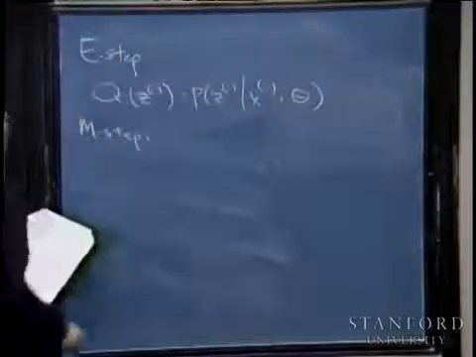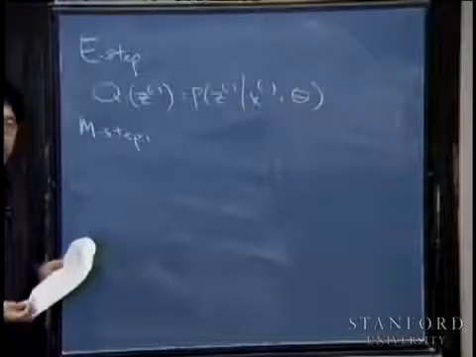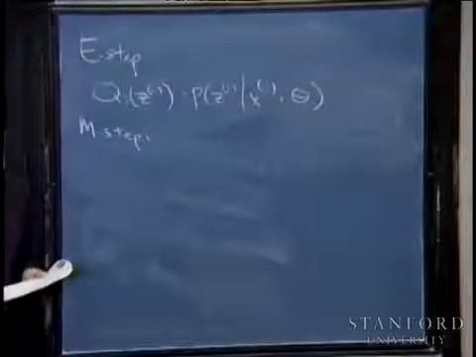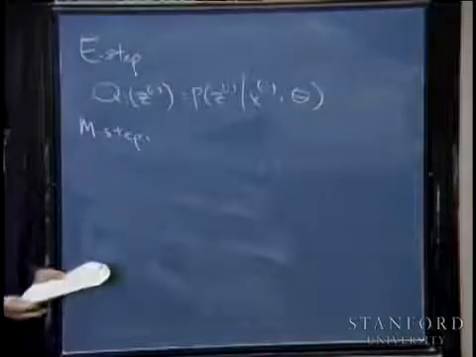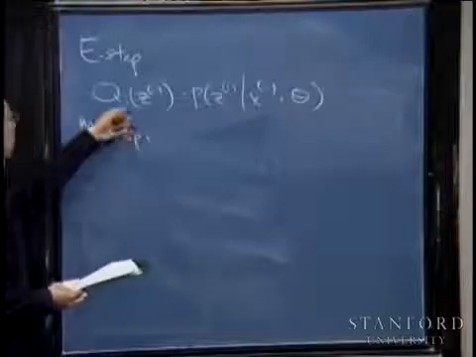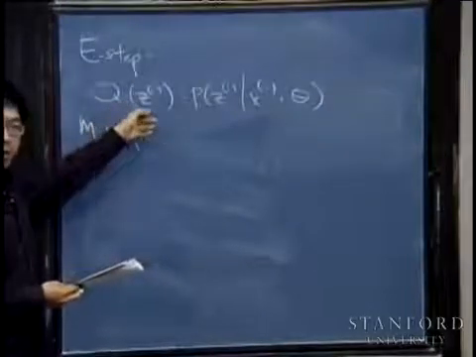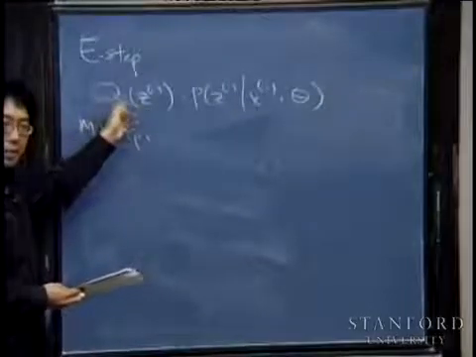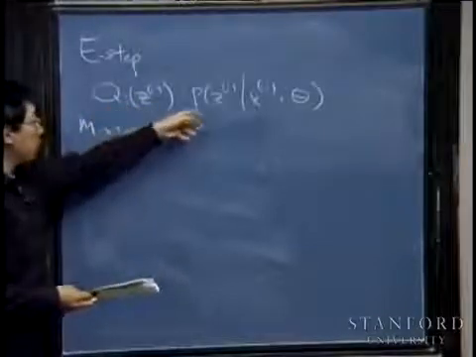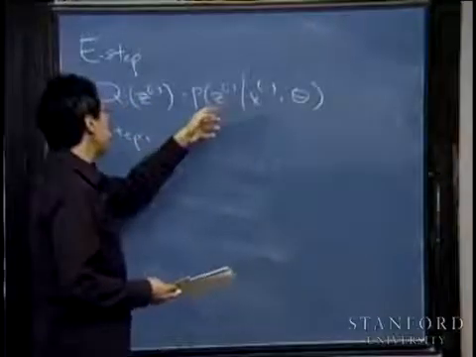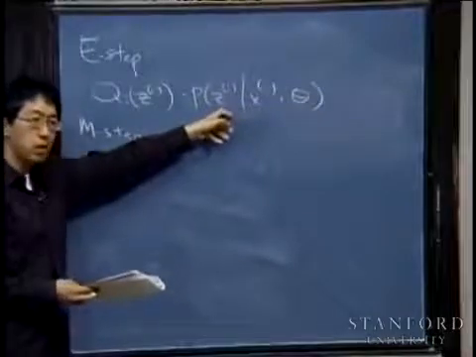And this formula looks the same, except that one difference is that now z is a continuous random variable. And so in the E step, we'll actually have to find the density qi of zi, where the E step actually requires that we find the posterior distribution, a density for the random variable zi.